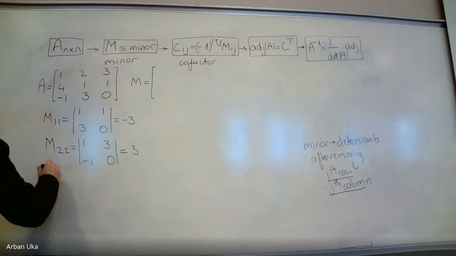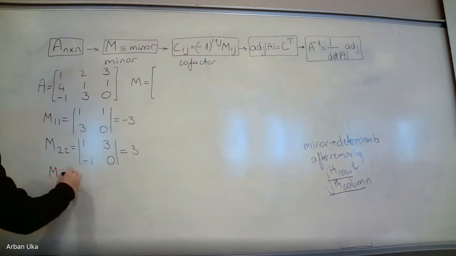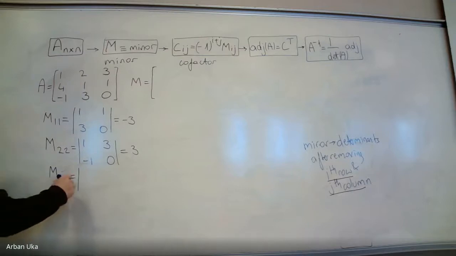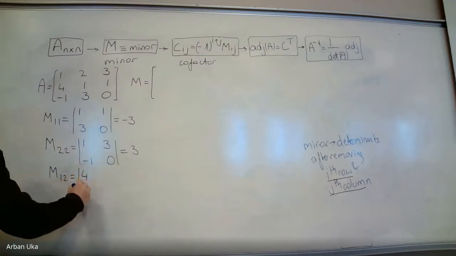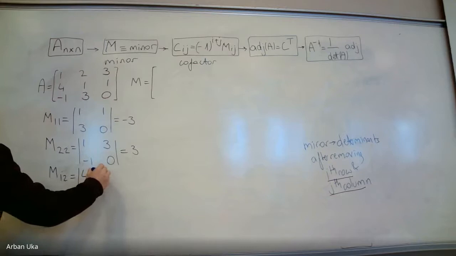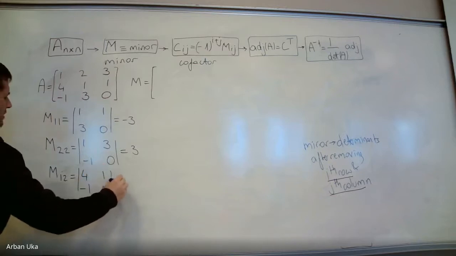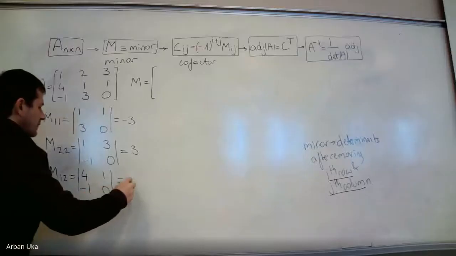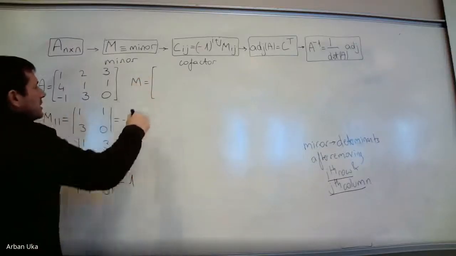What is M12? We remove the first row and the second column. What are we left with? 4, minus 1, 1, 0. So what is this? 1. Okay, that's 1.